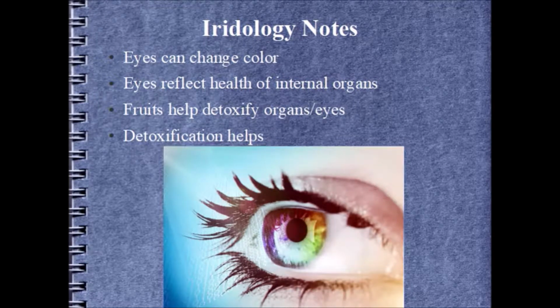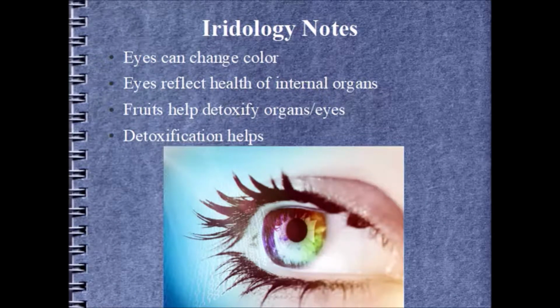Here's some iridology notes. To start with, our eyes can change color. If you have an all organic vegan diet and you're eating a lot of fruits and vegetables and you're detoxifying your digestive system a lot, your eyes can change color depending on the person. Our eyes reflect the health of the internal organs.